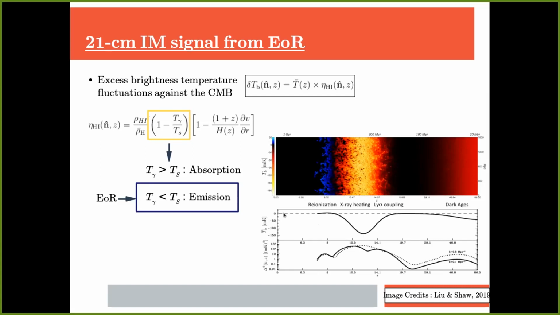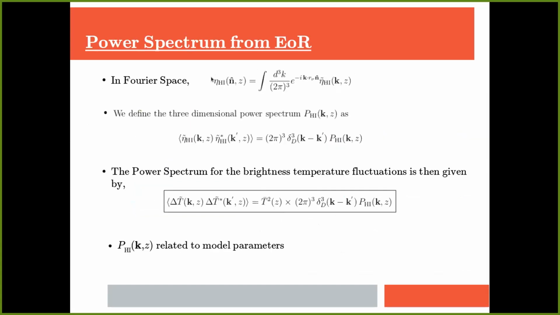Now this eta factor here is written as a function of the spatial coordinates and the redshift. This can be decomposed into its Fourier components like this, where eta tilde is the Fourier coefficient of the Fourier series, and this eta tilde can be correlated at different k modes, which gives us the power spectrum.